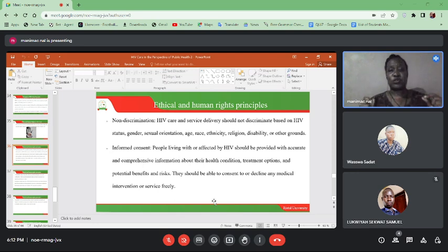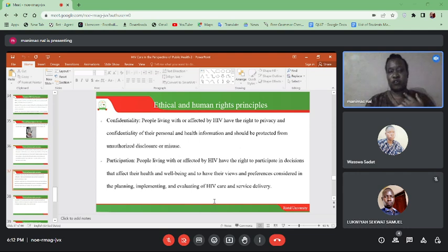Then we must also get informed consent from these people. If you are to advise them to be enrolled on any ART therapy or any program, intervention or treatment, you must get their permission first before you recommend and give them the services. Then, furthermore, is the issue of confidentiality.